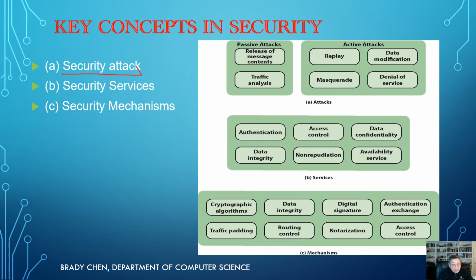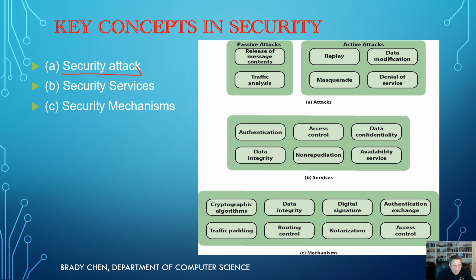Now, a passive attack attempts to learn and make use of the information from the system, but does not affect the system resources. So that means the passive attack basically simply, secretly gets into your system and views the documents, but does not change any information. Okay, like eavesdropping, something like this.